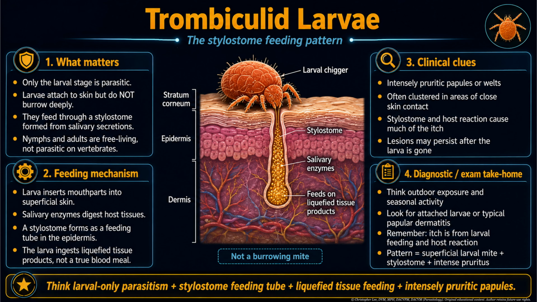So remember, larval-only parasitism, superficial attachment, stylostome formation, liquefied tissue feeding, and intense pruritic papules. In short, the chigger does not tunnel in and drink blood. It sets up a tiny external feeding station and lets the skin become its smoothie.